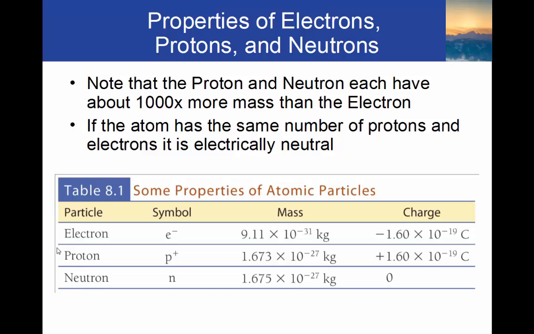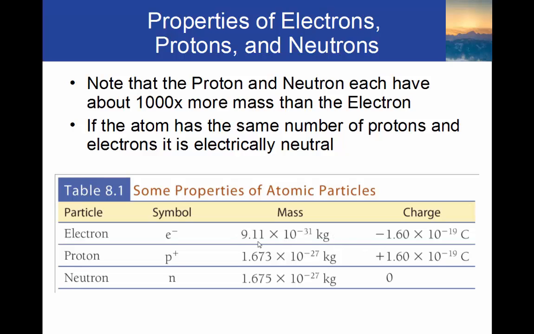I bring up table 8.1 again because it shows the mass of both a proton and an electron. For a proton, 1.673 times 10 to the minus 27 kilograms. For an electron, 9.11 times 10 to the minus 31 kilograms.